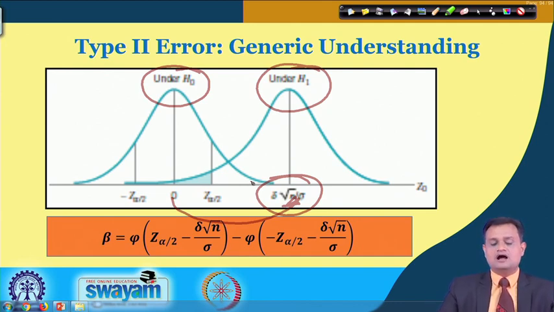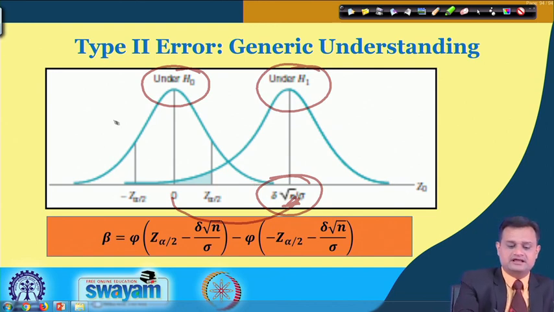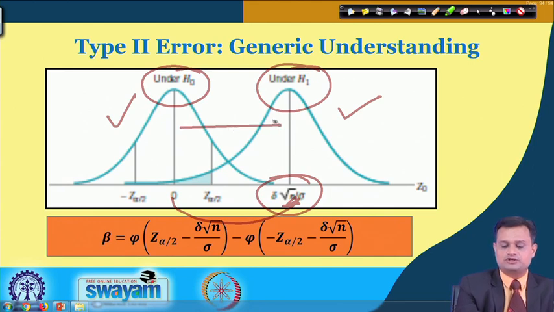So now I want to find the probability beta, that is type 2 error, and for this particular diagram H0, H1, my process has shifted from here to here.